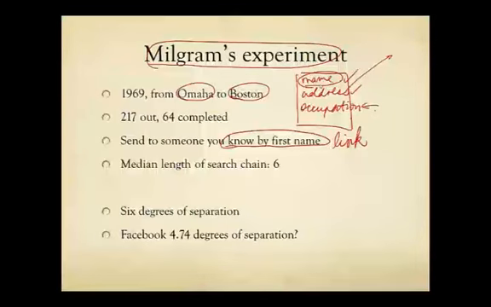It's a very interesting experiment, and altogether 296 people were asked to participate. It turns out that 217 of them actually sent out the letter, and out of those, 64 were completed, meaning that it reached the final destination. I think this is kind of a less than 30% completion rate.